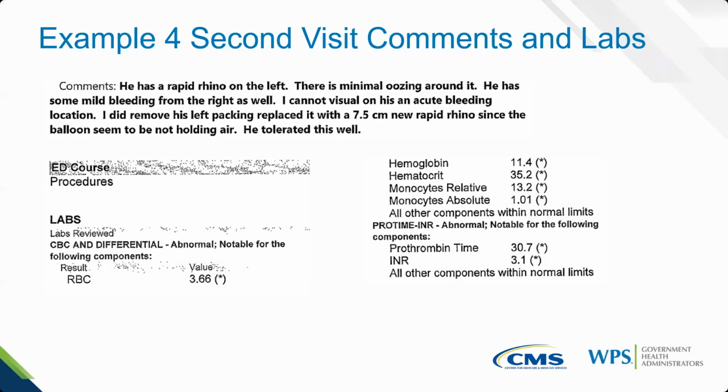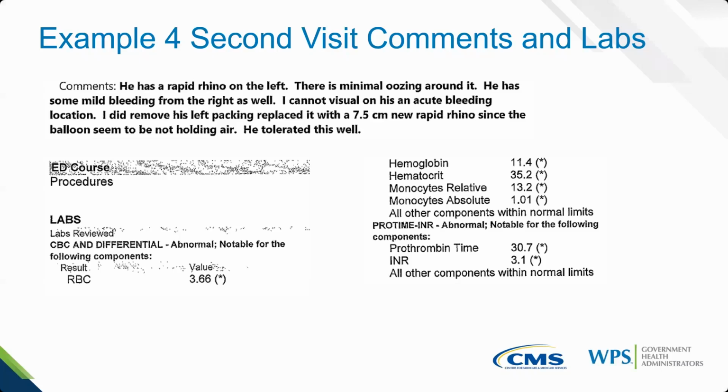We don't have any specific indication of an order, although we obviously have lab results that were reviewed. We also notice that the INR on this page is a 3.1 rather than a 4 as it was previously stated.